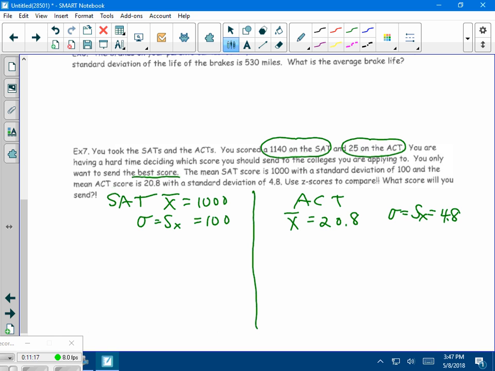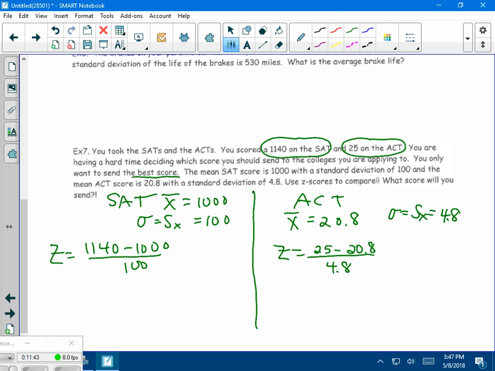So over here, the z-score, well, they got an 1140. Subtract the mean of 1,000, divide by 100. Over here, they got a 25 minus 20.8, the mean, divided by 4.8. I'm actually going to grab my calculator, so I don't have these done out. The first one would leave us with 140 over 100.